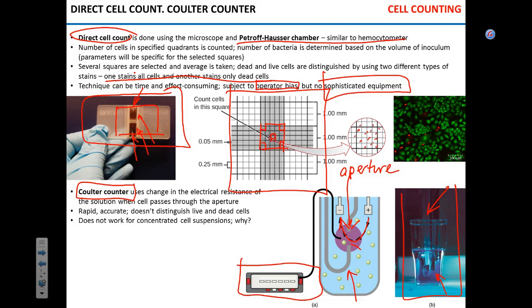Now, my first question for you is, can it distinguish live cells from dead cells? No. It doesn't really matter. That makes sense? Which cell moves through, who cares? Second question. Why we must use very diluted bacterial cultures when we use Coulter counter?